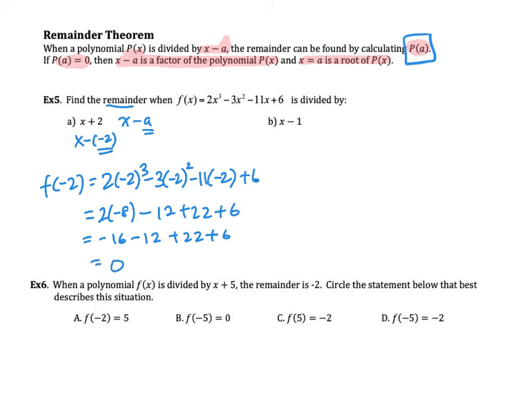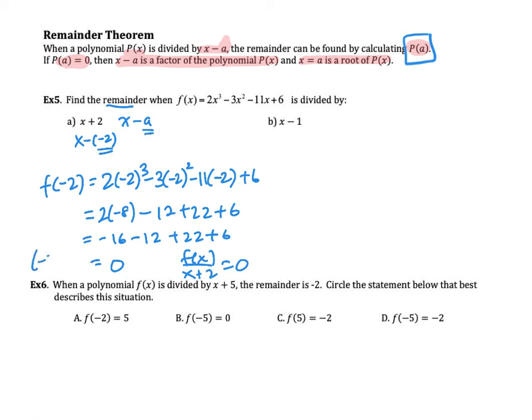So I get a remainder of 0, right? So negative 16 minus 12 is negative 28. 22 plus 6 is 28, so negative 28 plus 28 is 0. So that means x plus 2 is a factor of f of x. So if I were to divide f of x by x plus 2, I would get 0.